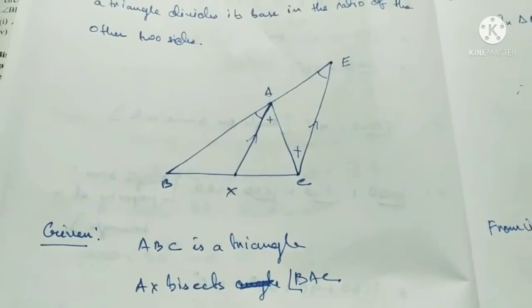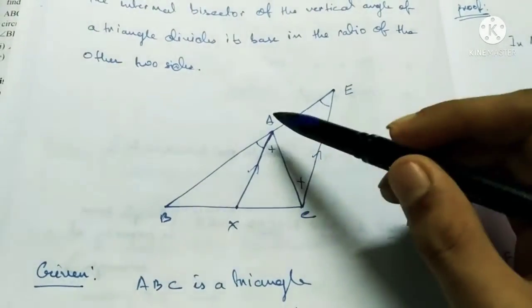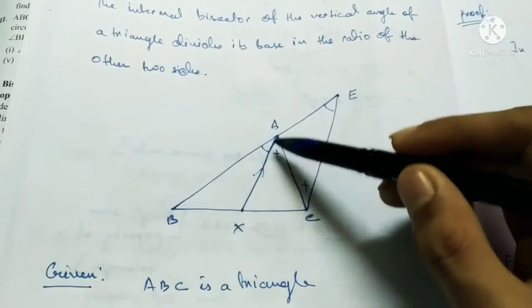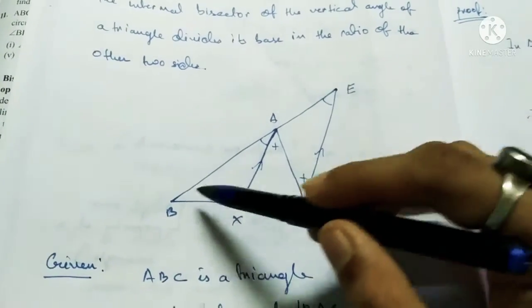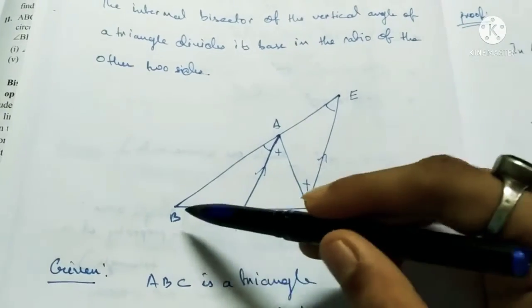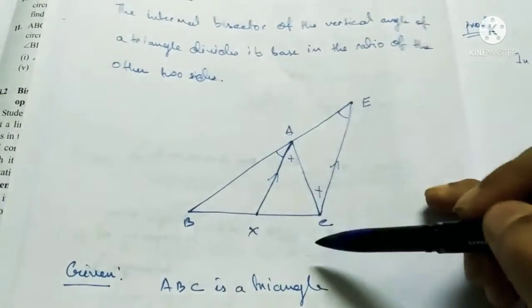Understand? So what I have got is: in a triangle, the internal bisector of the vertical angle divides the base in the ratio of the other two sides.